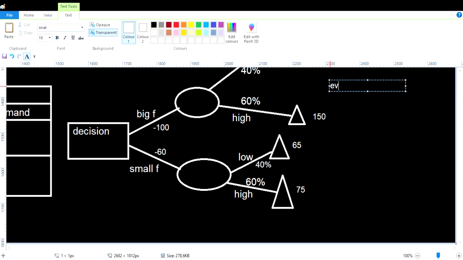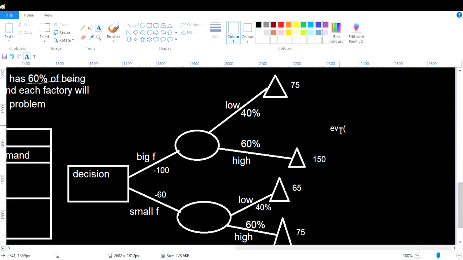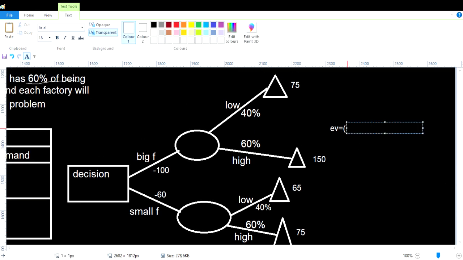EV is equal to 75 multiplied by 0.40 plus 150 multiplied by 0.60.